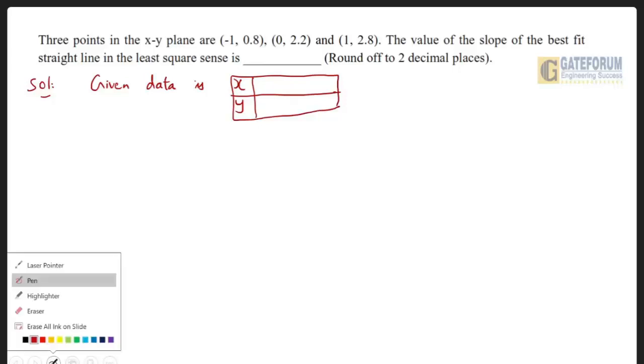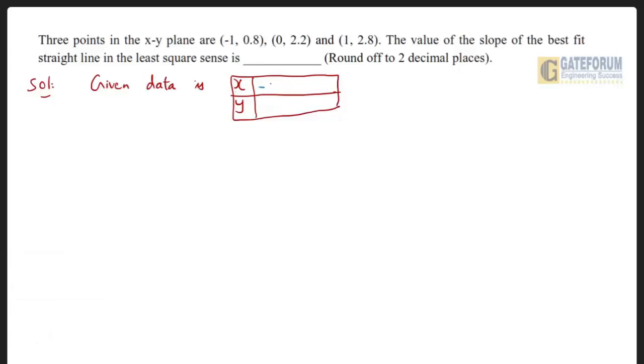So what are the x values? -1, 0, 1. What are the y values correspondingly? 0.8, 2.2, 2.8. That is three pairs of data. This is a bivariate population, two-dimensional. So n is equal to 3 points.